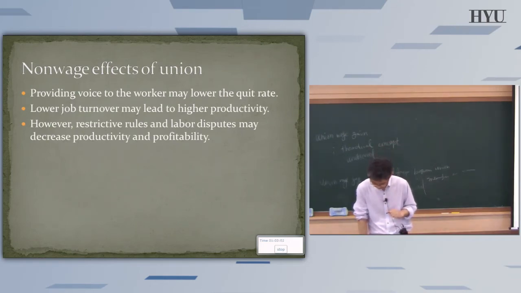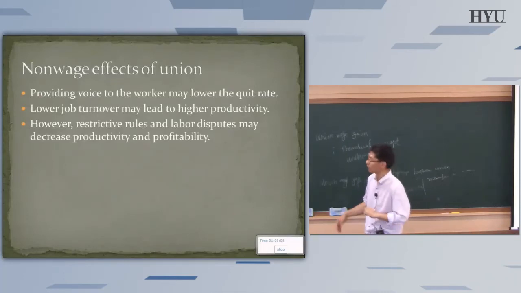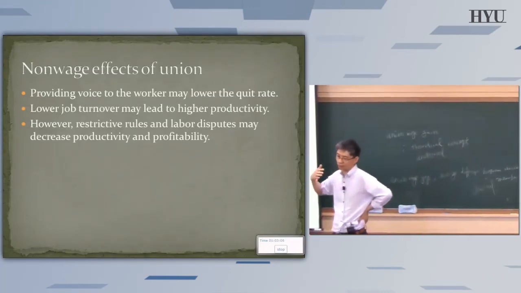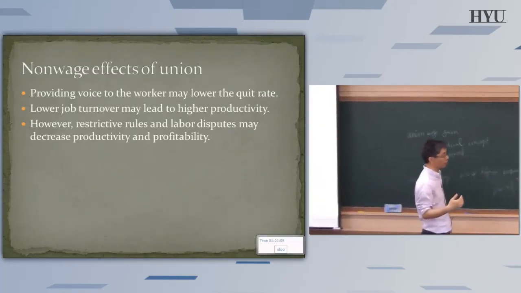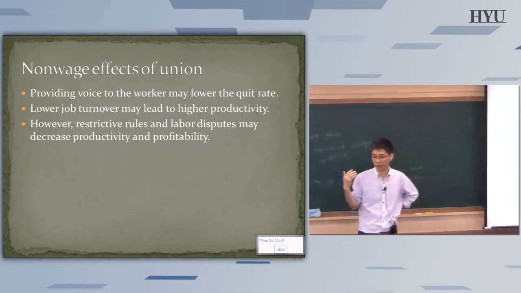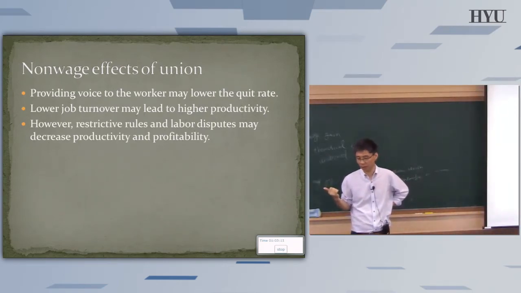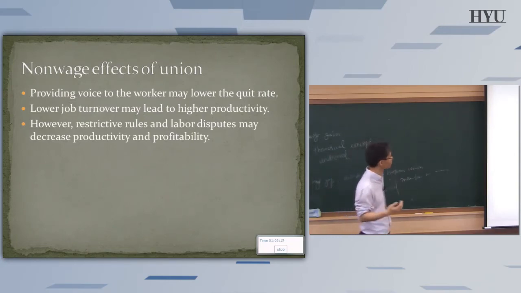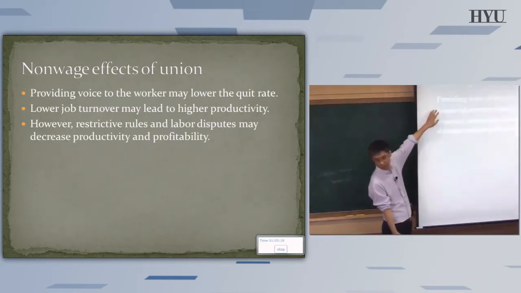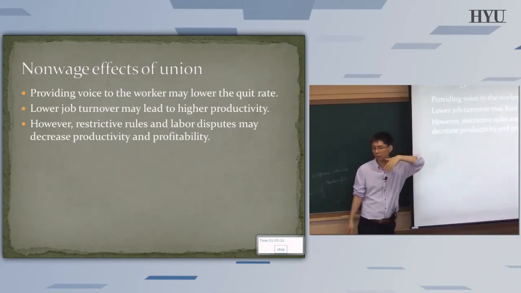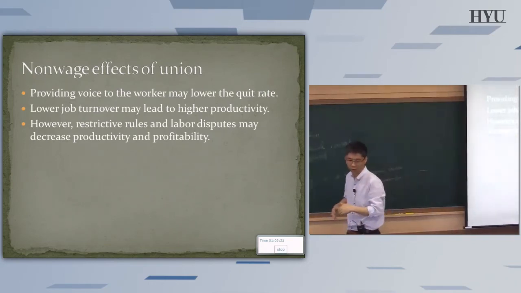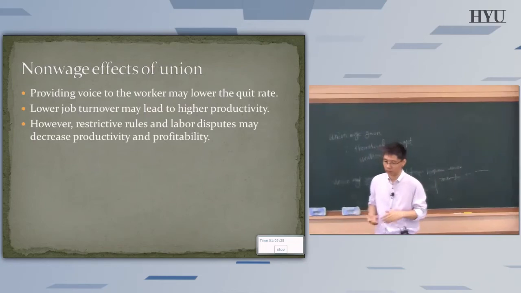So what the union's effects are on the company or on the economy is actually a very controversial topic. If you listen to a pro-union argument, they generally talk about this. Union can actually increase productivity because it can provide voice.